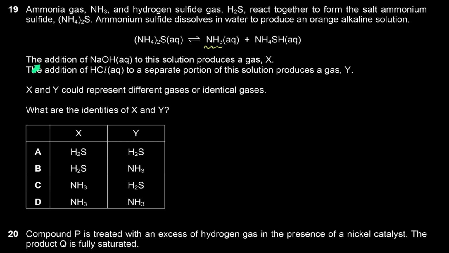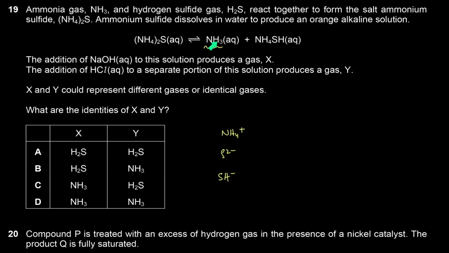They're saying that the addition of NaOH to this solution produces a gas X, so let's first identify X. When we talk about NaOH aqueous, which of the species present here reacts with it? You have ammonium ions, sulfide ions, these SH minus ions, and you have ammonia.